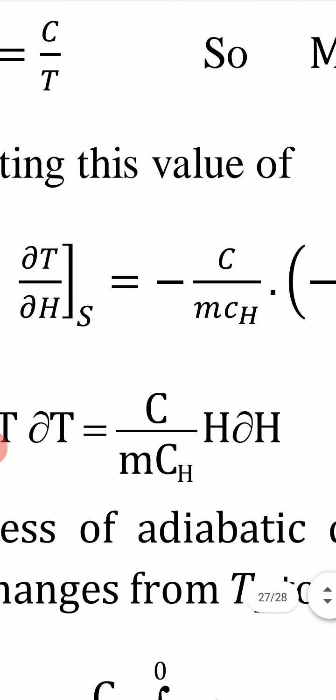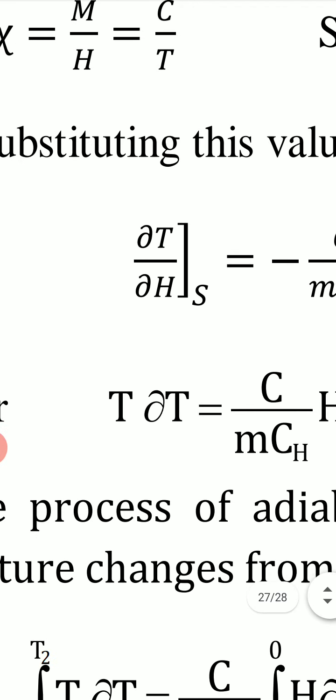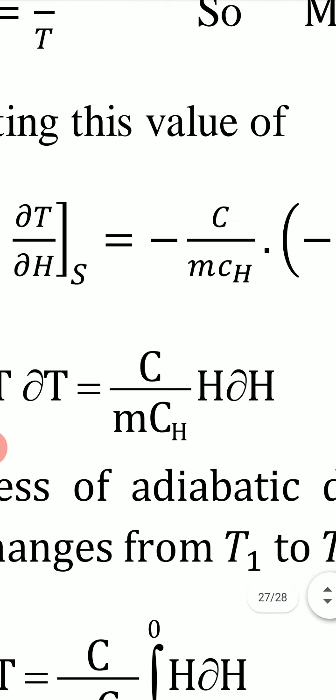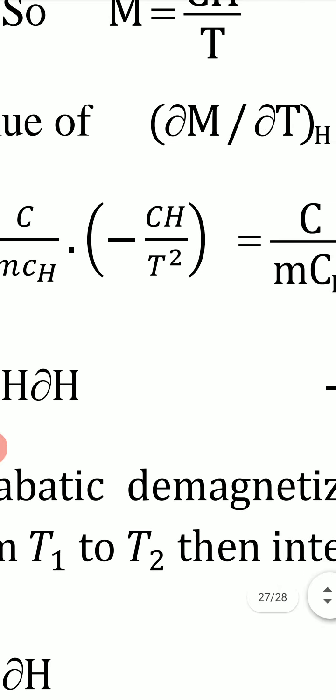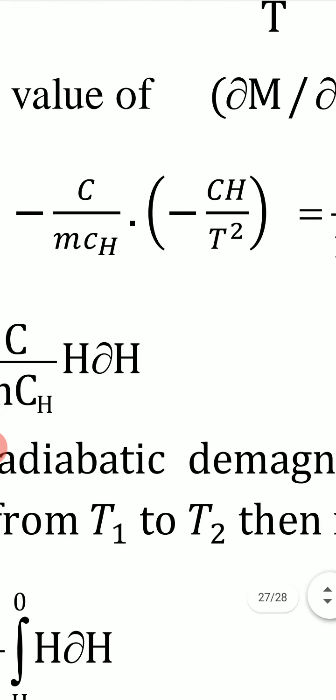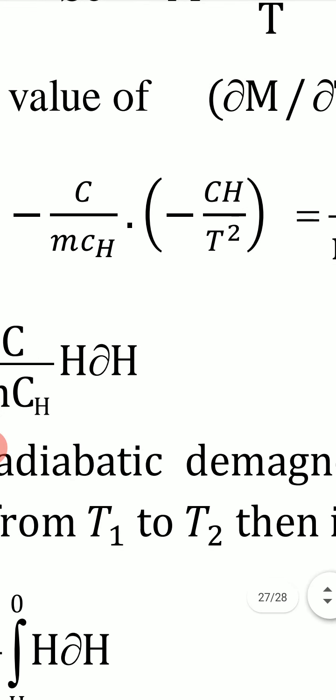And now we have delta T upon delta H at constant S equal to minus T upon m C_H into minus C H upon T square. Now there are two C here.